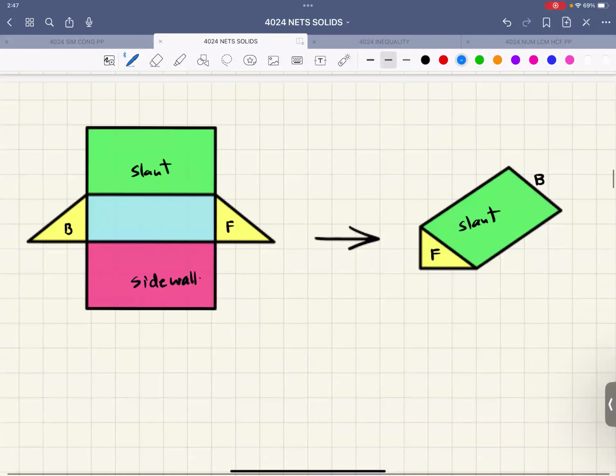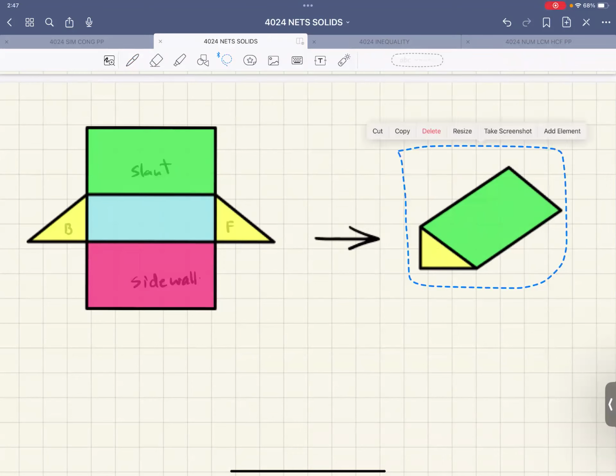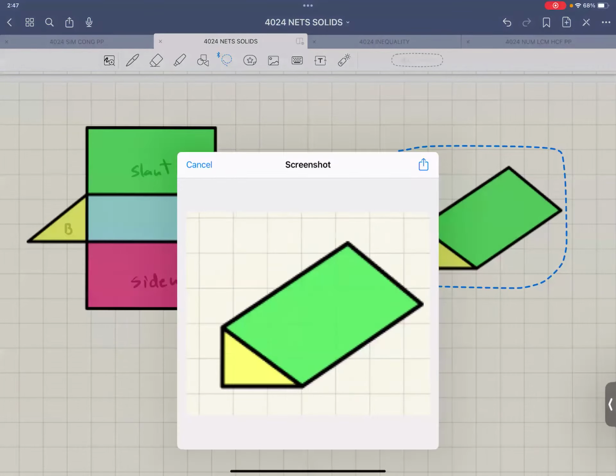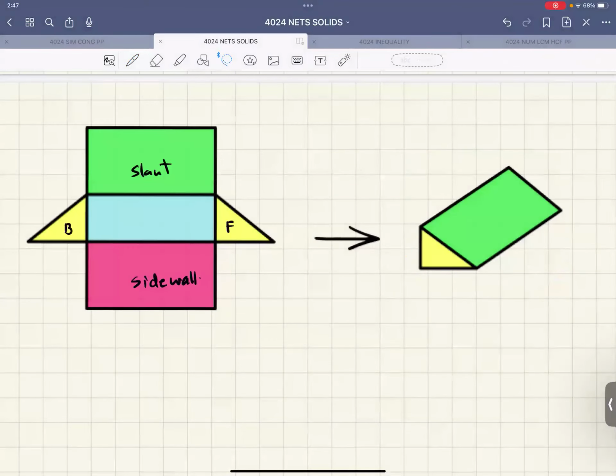Yes, that's this one. Let me just copy this much. Actually, let me erase this and take a screenshot of only this. Copy.